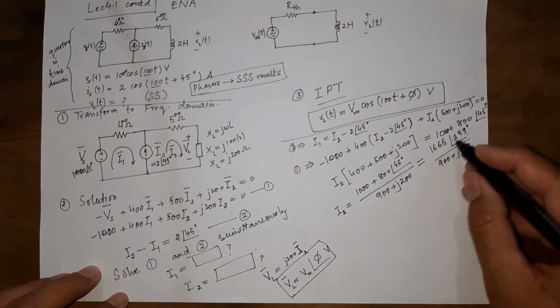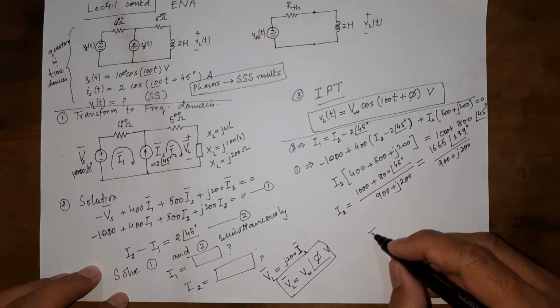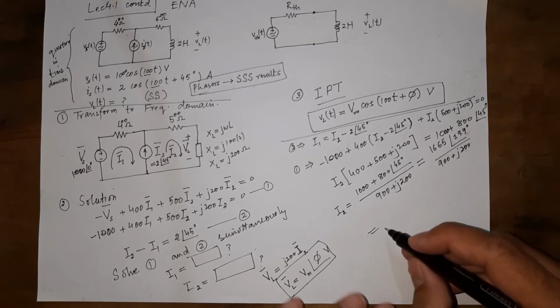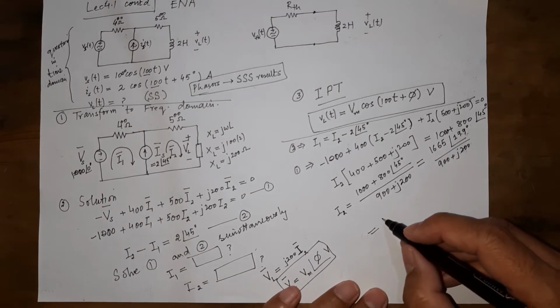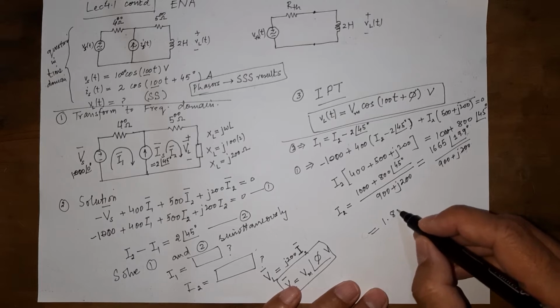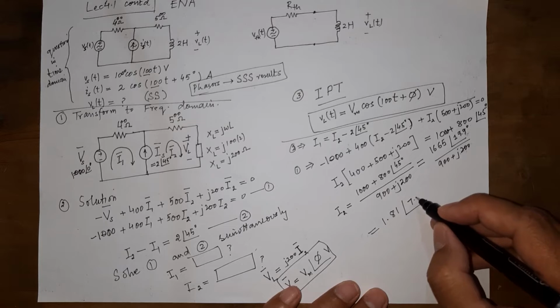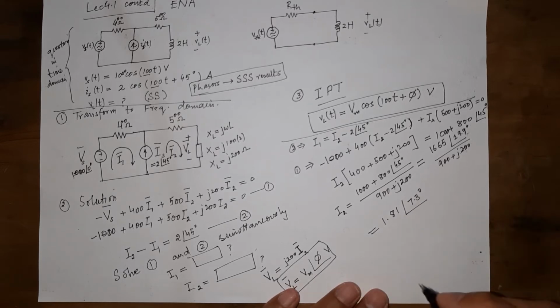Now I want to divide this result by this. It's easy in the calculator that I made. I kept that part and divided it by 900 plus j200. This is the ultimate current that we got, 1.81, rounded, with an angle of 7.3 degrees, in amperes.